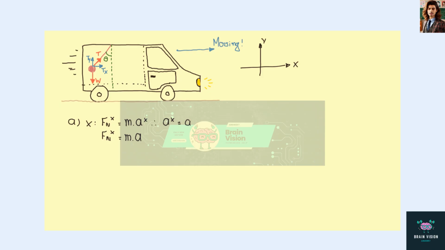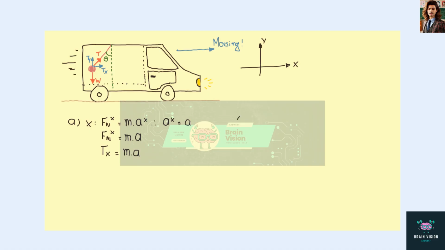Then we can write this equation as the tension component x is equal to the mass of the ball times the van acceleration. Now we can relate the x component of the tension with the magnitude of the tension and the angle theta. To do that, we have to use a triangle that is formed by the tension and its components, and the triangle is the following.